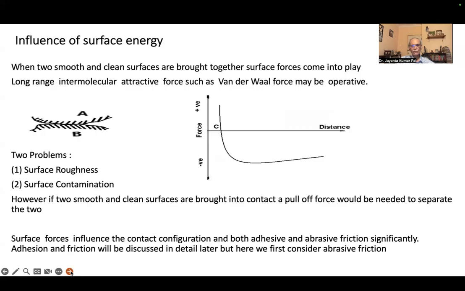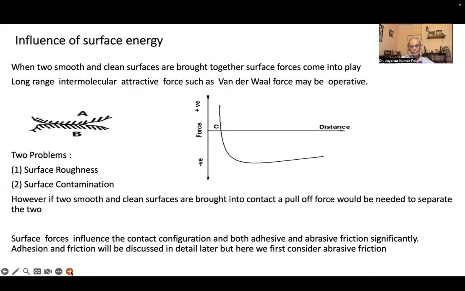The intermolecular force against the distance between the molecules is shown in a graph here, which is a very well-known graph. C here is the equilibrium position, the equilibrium distance. Below C, there will be repulsion, and above C, there will be attraction.